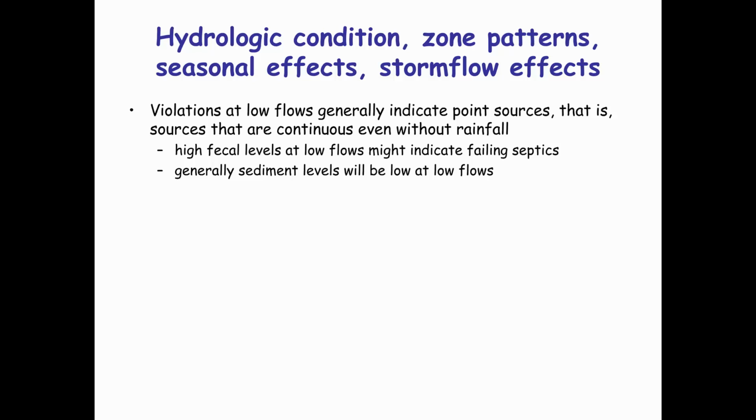Here are two simple interpretations. One is that at low flows, if you have violations of the standards, these would generally be associated with drought flow conditions and would indicate that maybe it's because of point sources of pollution, maybe a pipe outfall, or it could be failing septic systems.